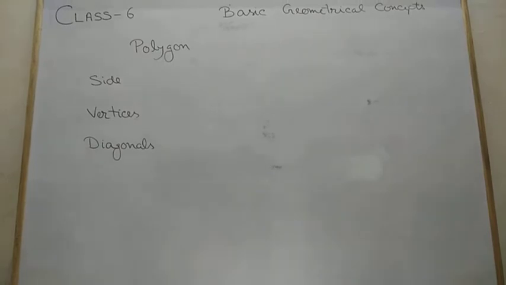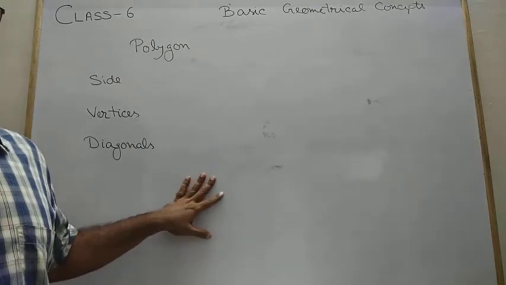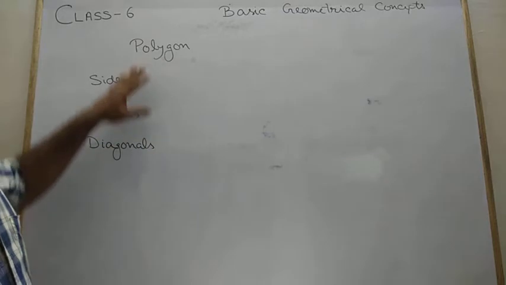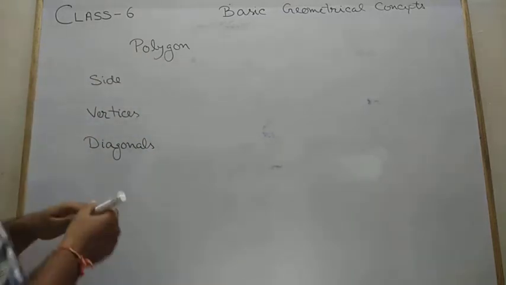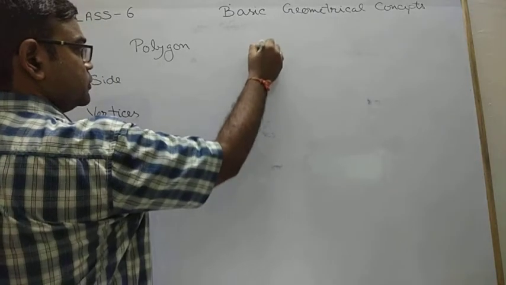Now we are discussing polygon. Polygon means a simple closed curve having straight lines as its boundary. Now under the polygon we are going to discuss some parts of polygons. Suppose here I am drawing some polygons.